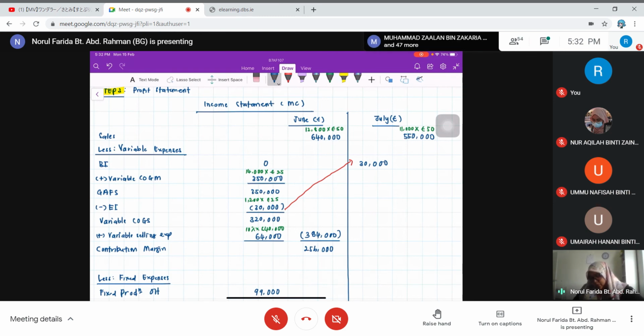Variable cost of good manufactured, unit produce untuk Julai 10,200 darab dengan 25. Okay, so you will get 255.